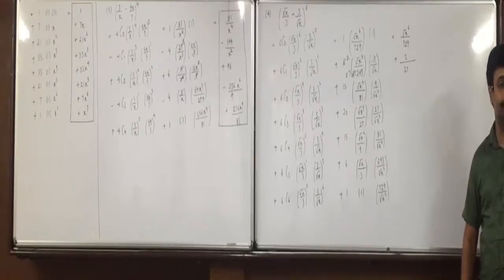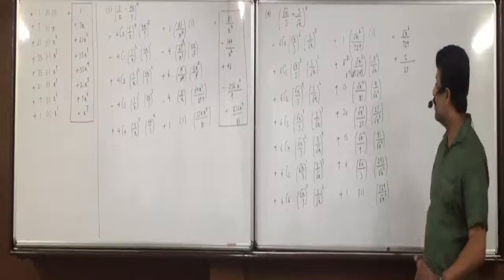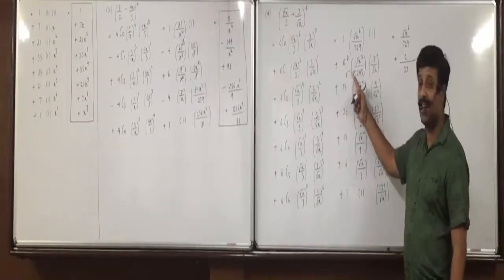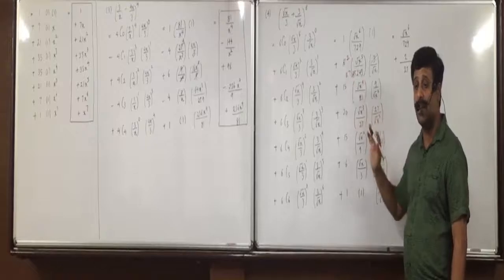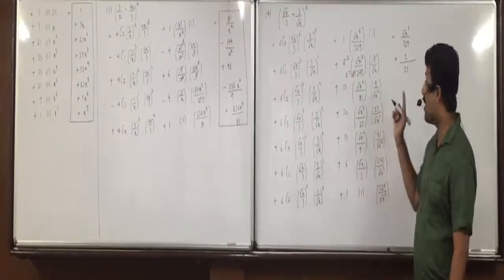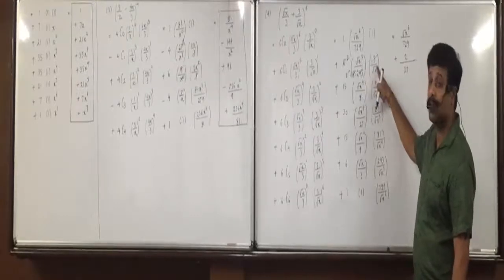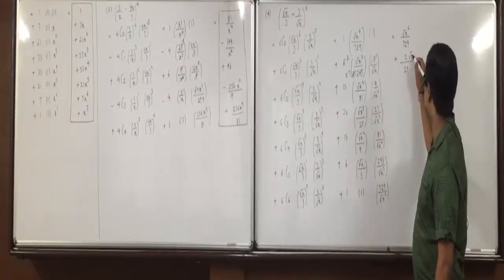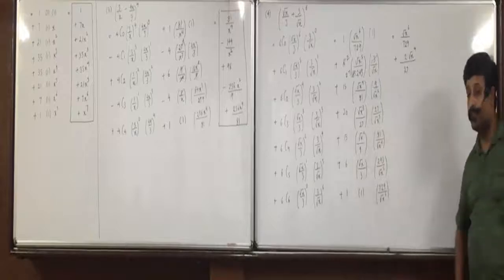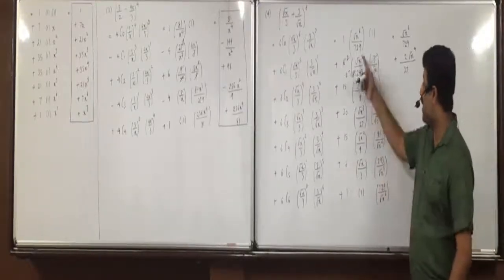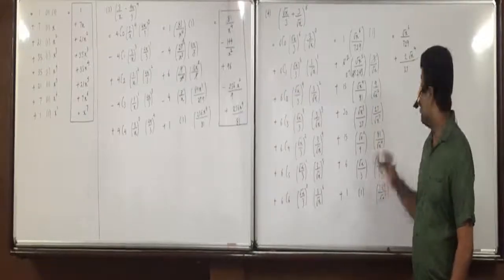Any confusion? After solving the fraction, 2 by 27. 3 into 81, 243. 3 into 2, 6. 3 into 27, 81. So what remains? 2 by 27. In x, where do you have higher power? Numerator. So numerator 5 minus 1, 4. Root x raised to 4. Any confusion? Okay. Plus.